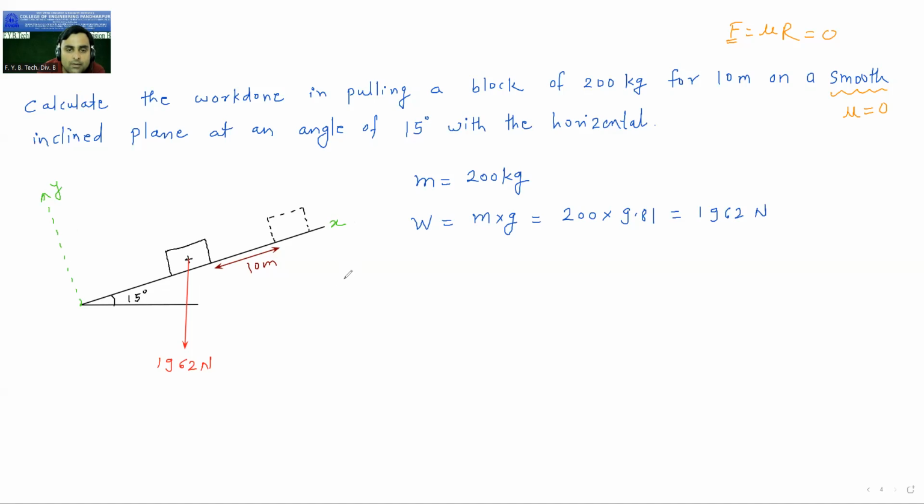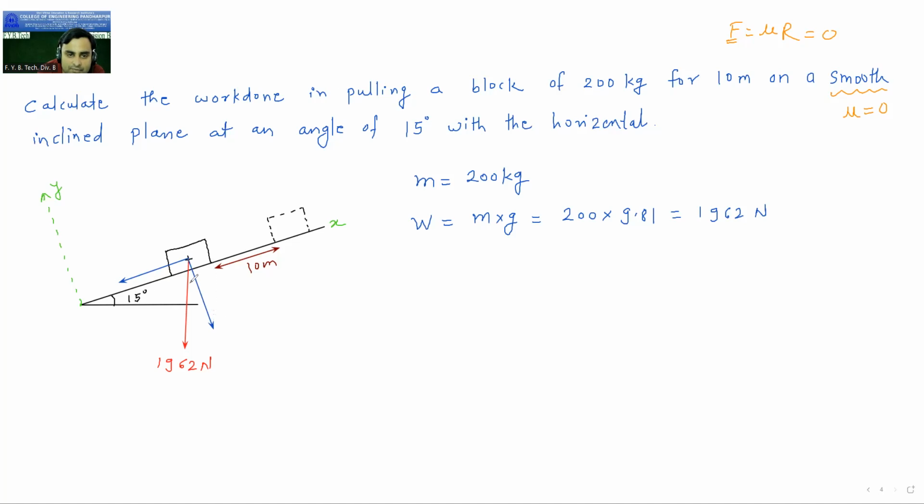Okay, you can see. Now if I resolve this, this is the plane. One component will be in the direction of this load, and the other component will be perpendicular to the plane. It is like this.